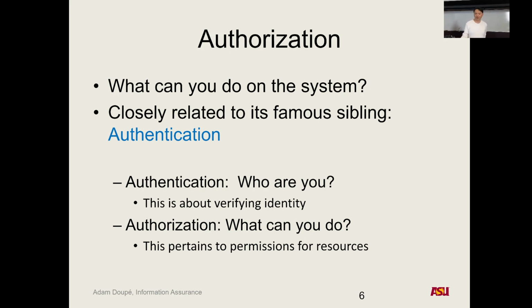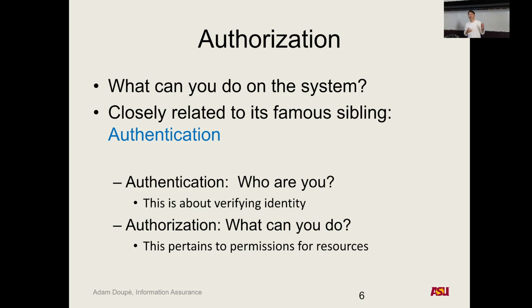What else? So you can buy a movie ticket. You enter the movie theater, and then where are you going? You have to check your room number and seat number, right? The room number and seat number relate to authorization. What can you do?